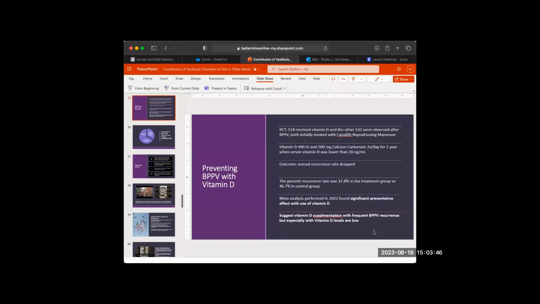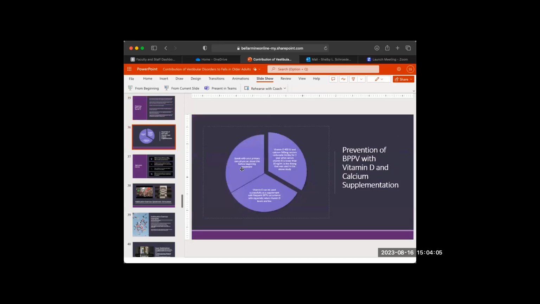So we are suggested to do vitamin D supplementation with frequent BPPV recurrence, but especially when the vitamin D levels are low. So if serum vitamin D is less than 20, then supplementation is recommended. But it's very important to always speak with the primary care physician about this before beginning treatment.